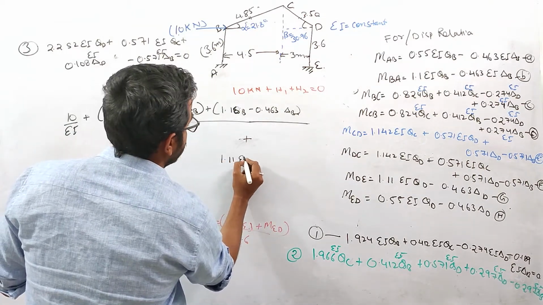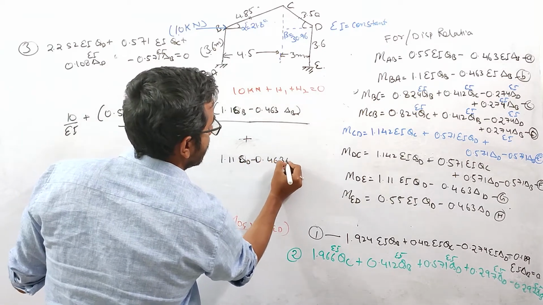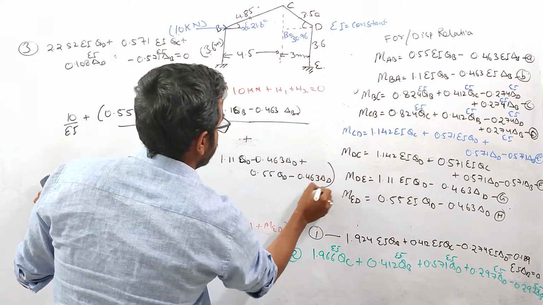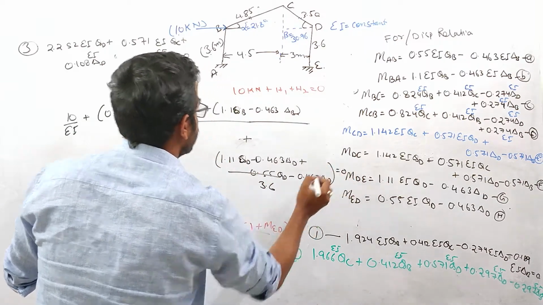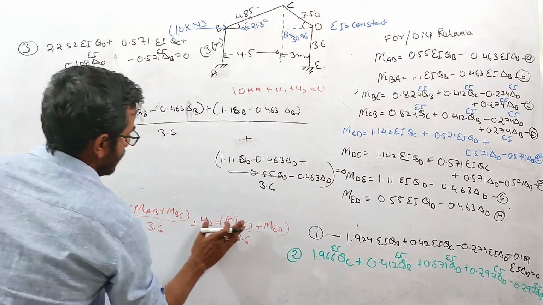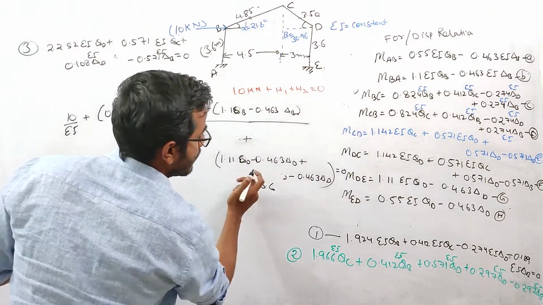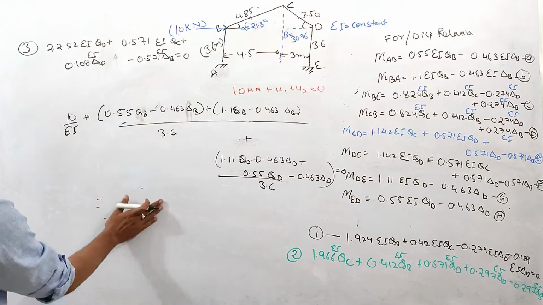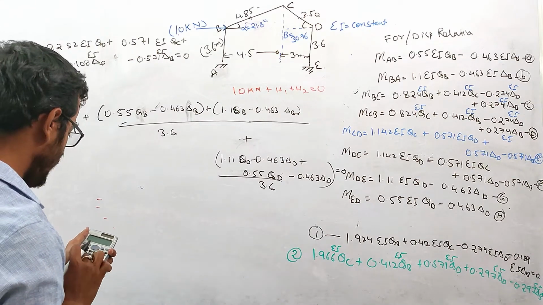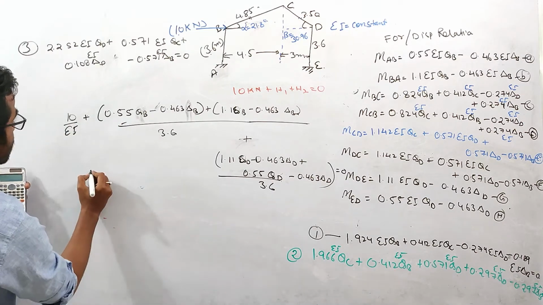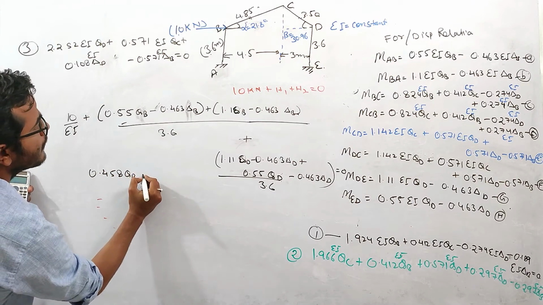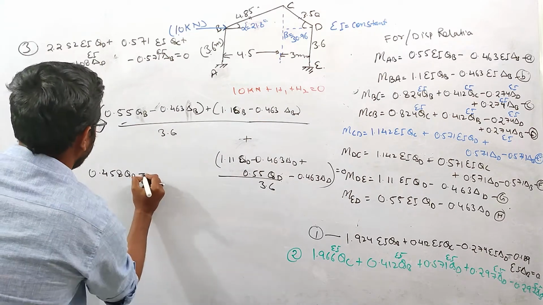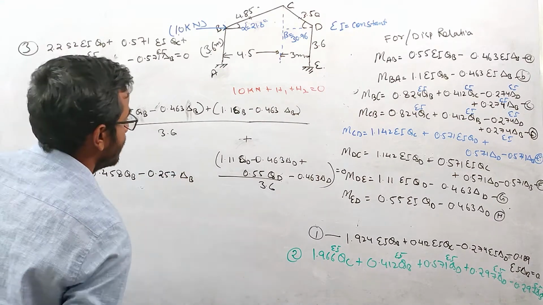MDE is 1.1 theta D minus 0.463 delta D plus 0.55 theta D minus 0.463 delta D. This is divided by 3.6 and equals 0. So now let us first solve this expression. This value will be 0.55 plus 1.1 divided by 3.6, so this is 0.458 theta B, and 0.463 into 2 divided by 3.6 is minus 0.257 delta B, right?